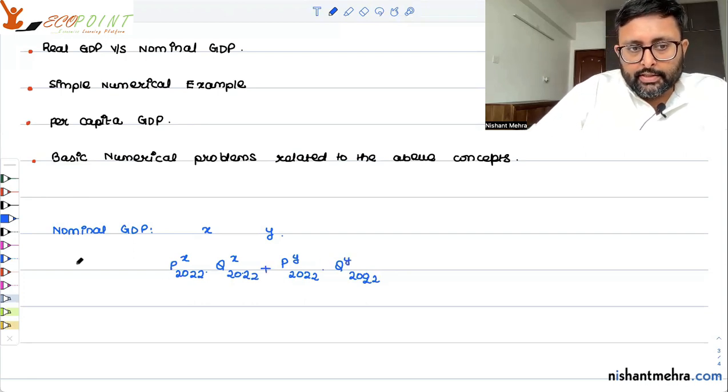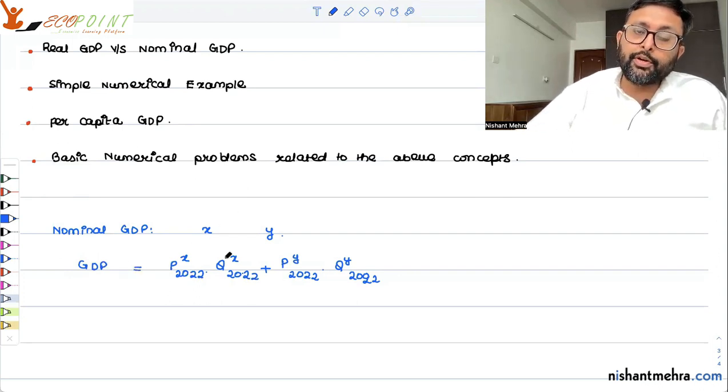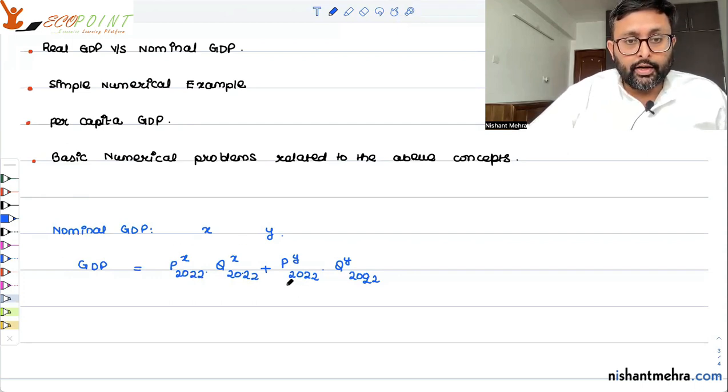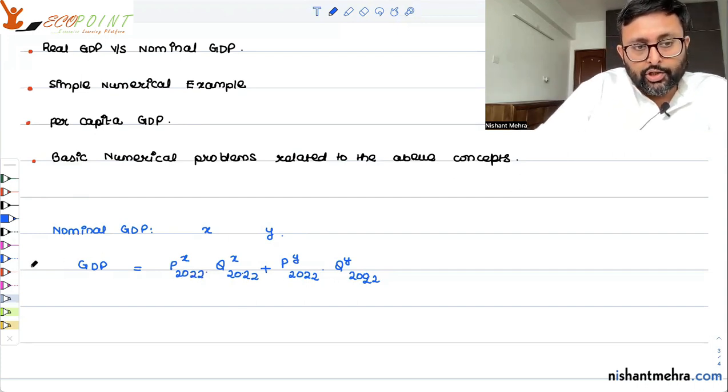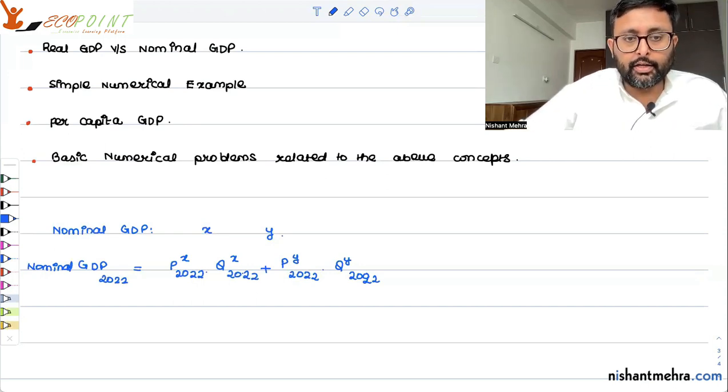So nominal GDP is the value of final goods and services produced in a given year, expressed in the prices of that particular year. So it's a nominal GDP (2022). These are expressed in the prices of that particular year.